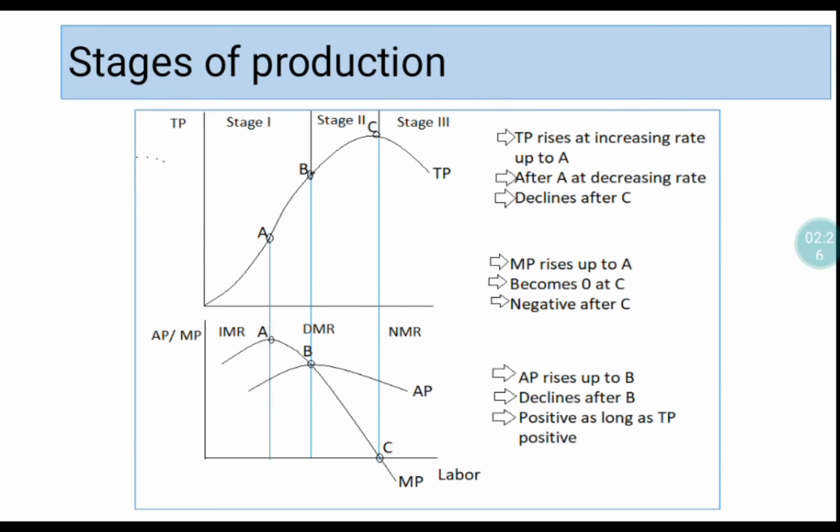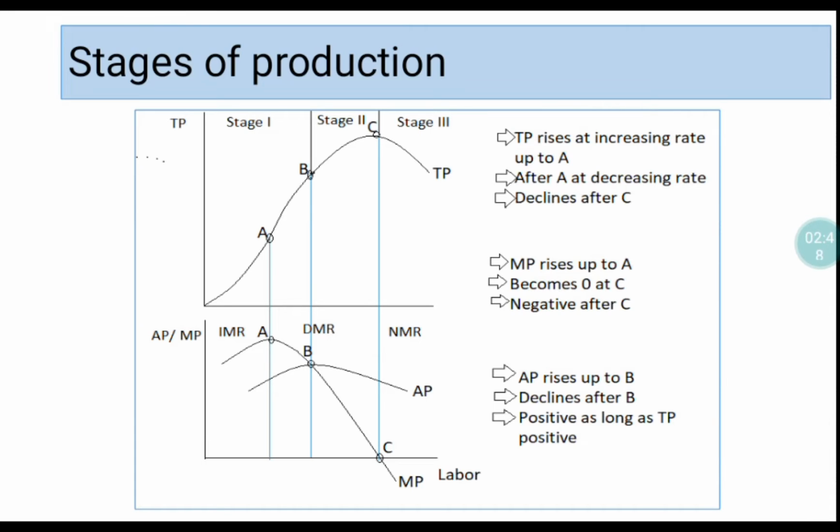Let's look at the stages of production. As you can see from the diagram, we have stage 1, stage 2, and stage 3. In stage 1, we have what are referred to as increasing marginal returns, or IMR.